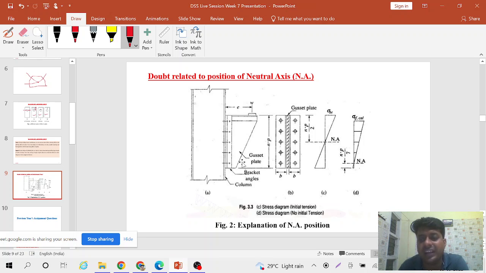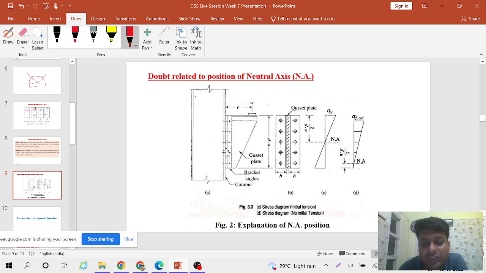So what will happen here? Above the neutral axis it will be in tension and below the neutral axis it will be under compression. Above the neutral axis where tension comes, the bracket plate will lose surface contact with the column flange.